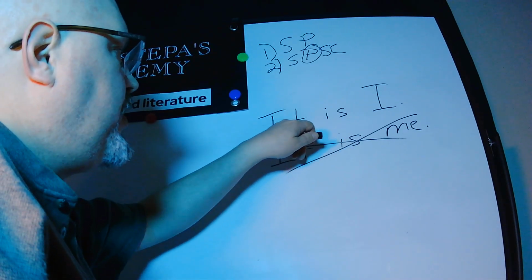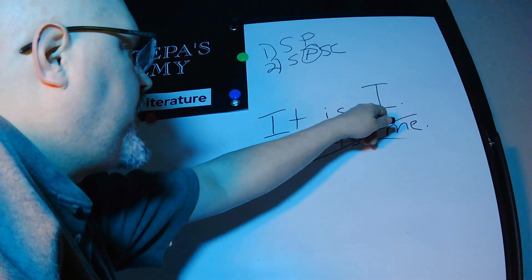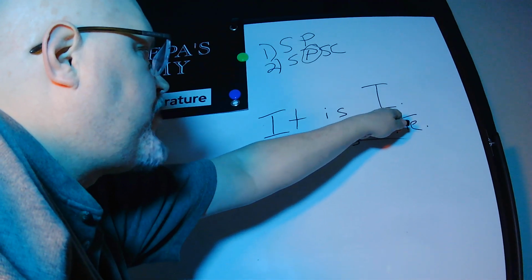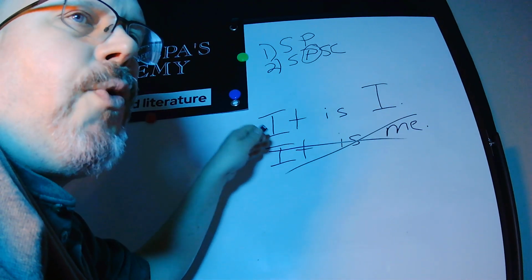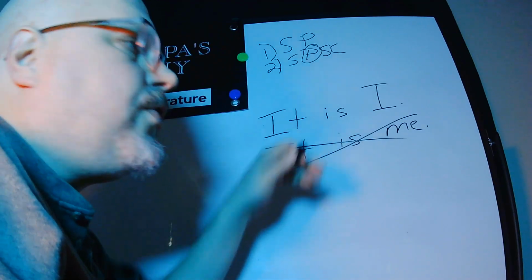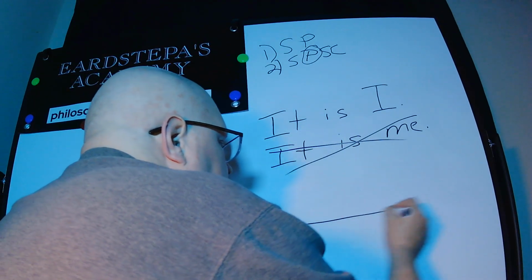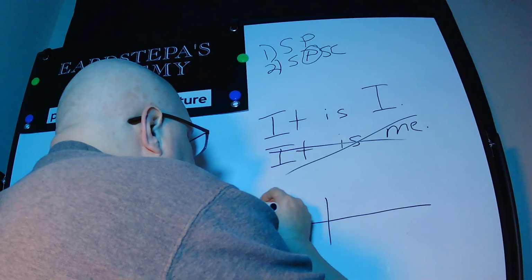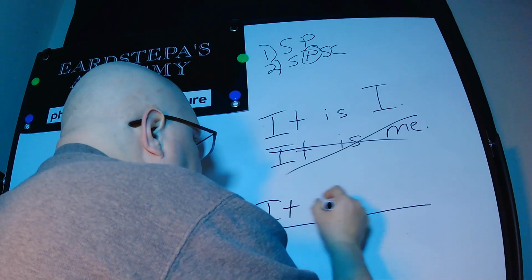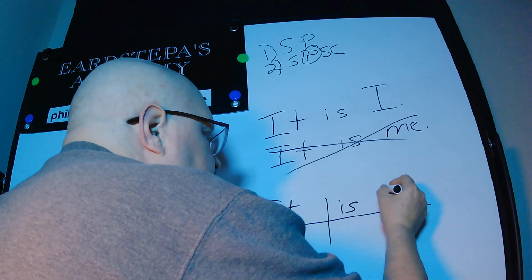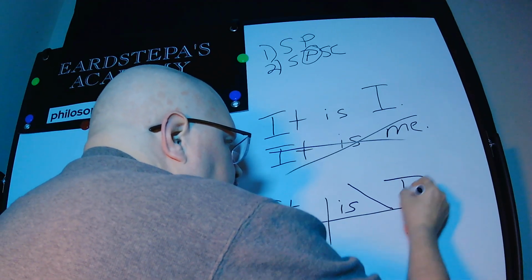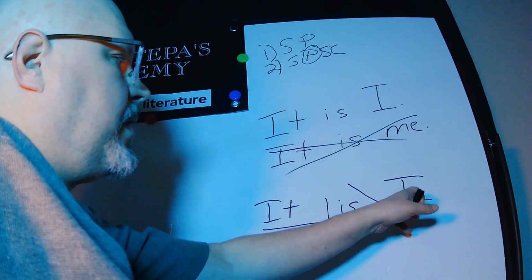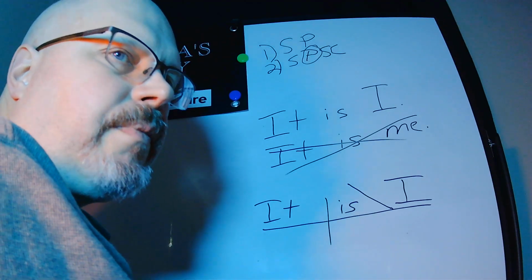Because this is the subject, the predicate, which is a linking verb, and the subject complement needs to be in the same form as the subject, which means you need the subjective form. So the subject in this is it, the predicate is, you do your backslash, and then I is the subject complement.